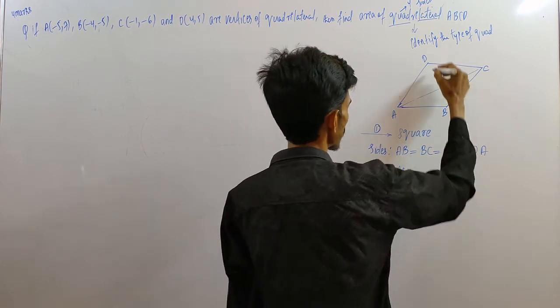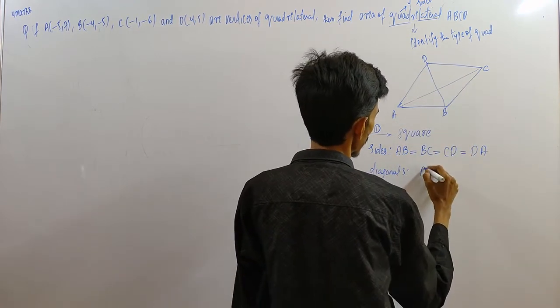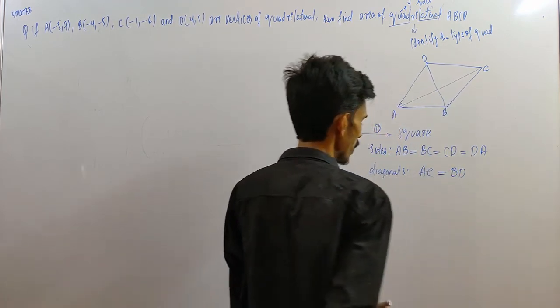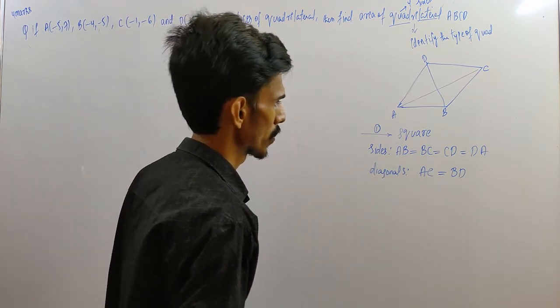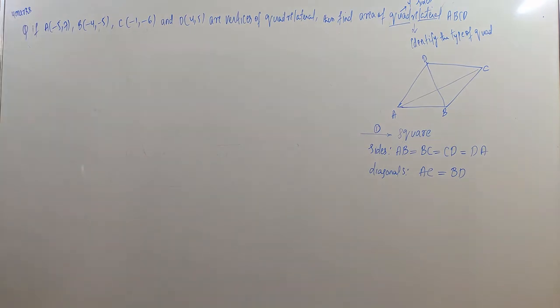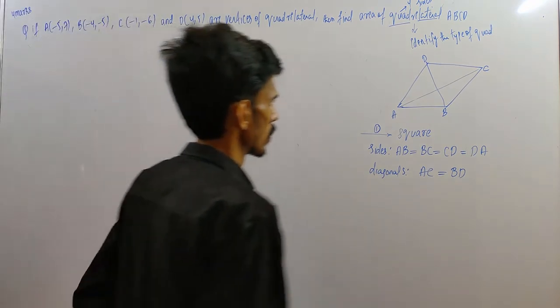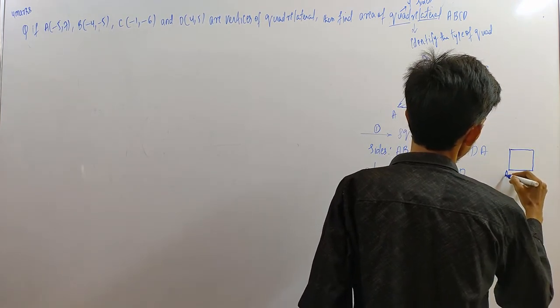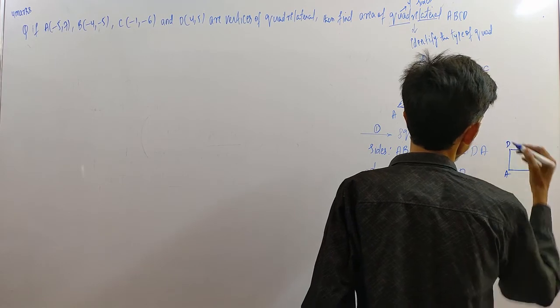How many diagonals? 2 diagonals are there. One is AC, the other one is BD. These two should be the same. So the square will look like this: A, B, C, D.